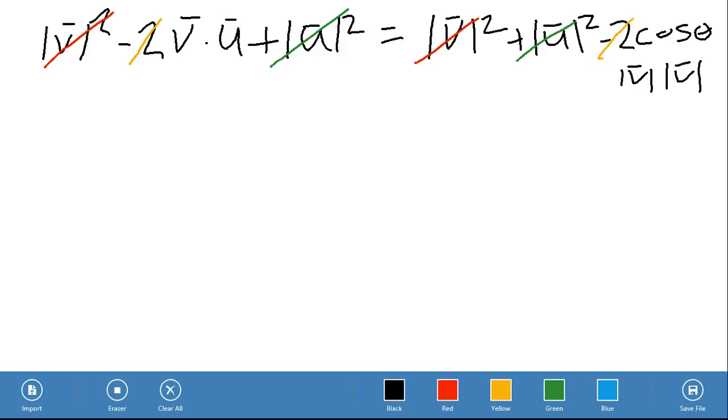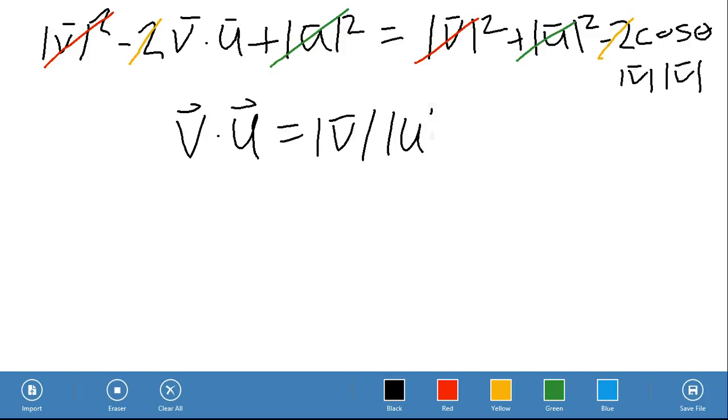And so what we're going to be left with is that, as I had said before, v dotted with u is equal to the length of v times the length of u times the cosine of the angle in between them, the cosine of that theta.